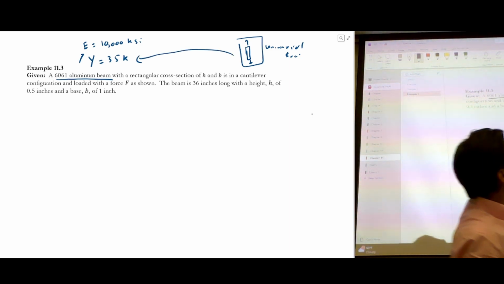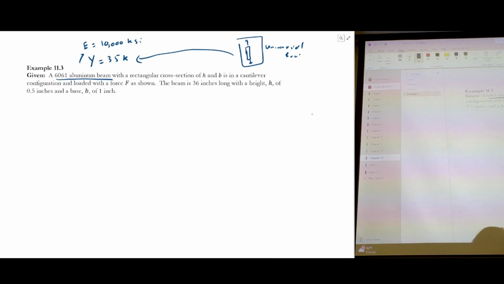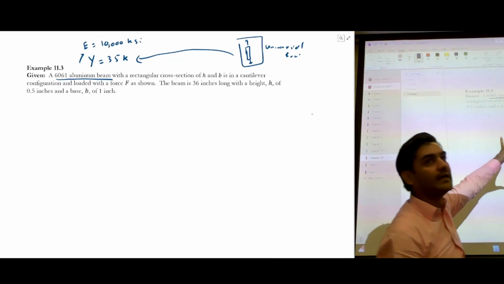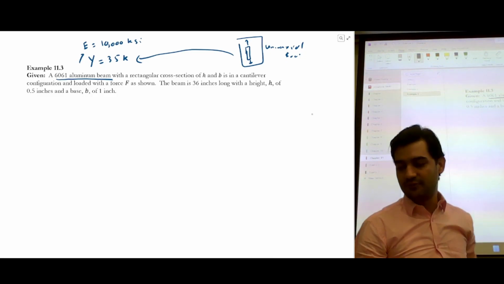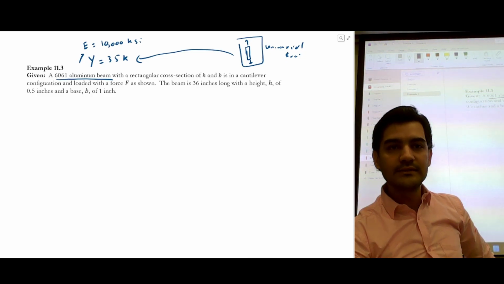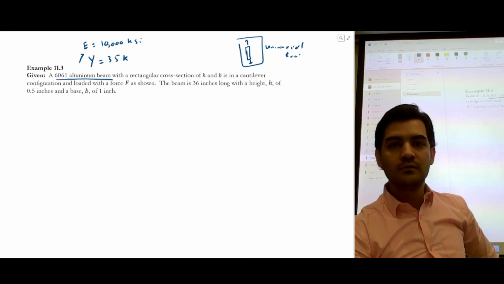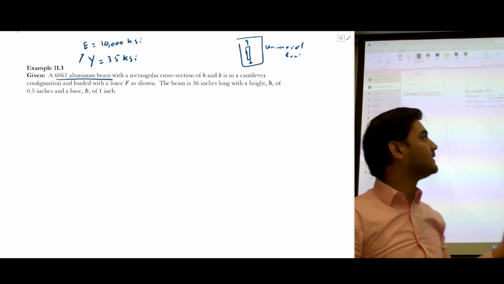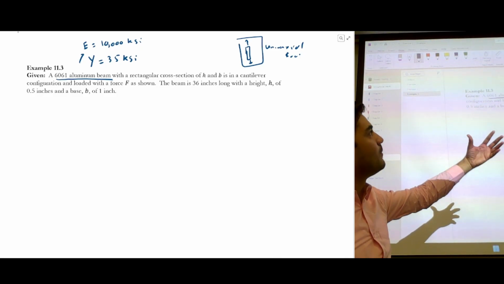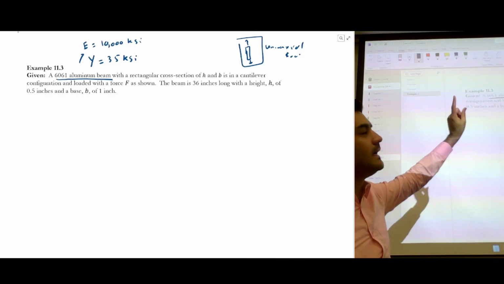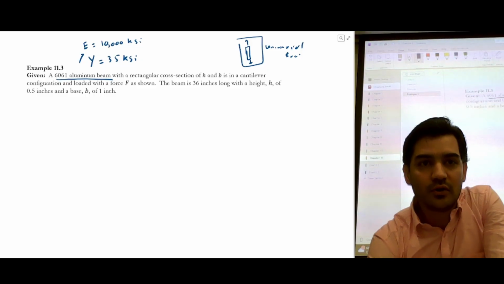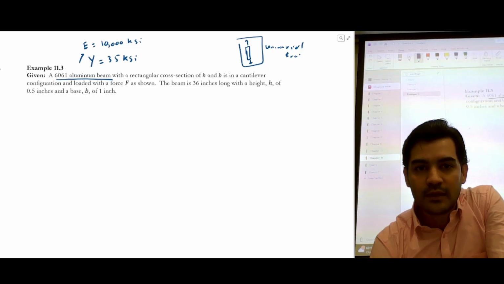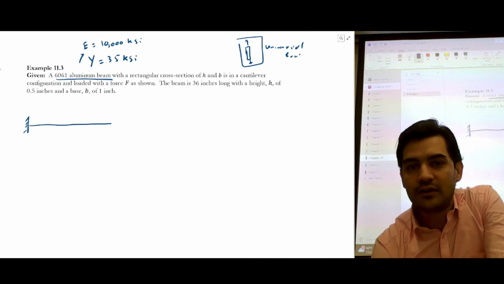Under the uniaxial simple loading case, we know the yielding will happen when the stresses exceed 35 KSI. So we know the material property: when the material is loaded uniaxially, it will yield at 35 KSI. But we don't know what happens if the same material is loaded differently.